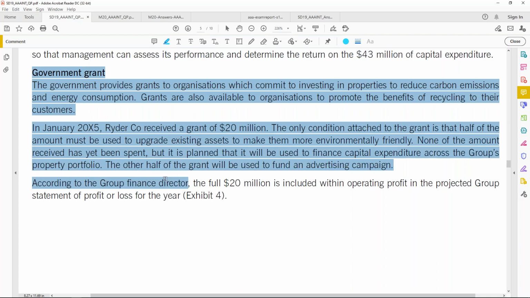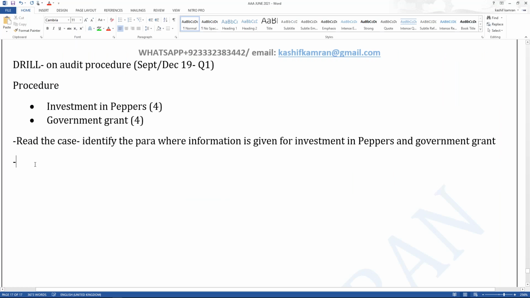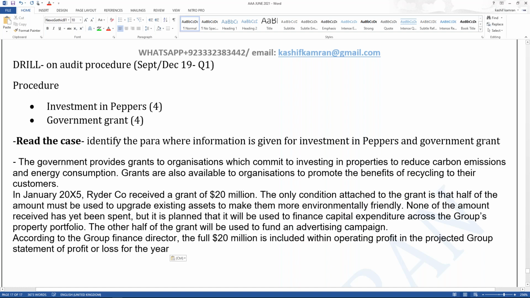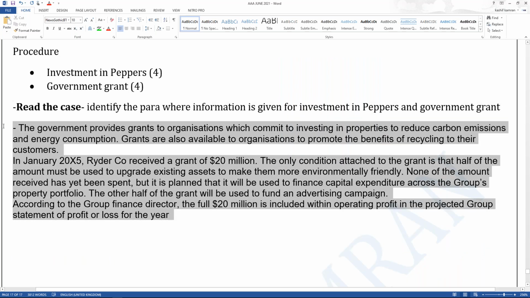I'm just copying this paragraph and taking it into my Word file. Let's see how you read the case. Suppose you're giving a computer-based exam and you're reading the case. I'm copying the case over here so I can do a very good analysis of it. In computer-based exams you can do the highlighting, and the highlighting can help you, right? So this is the information given to you about the government grant.